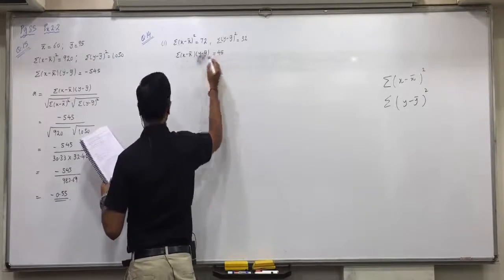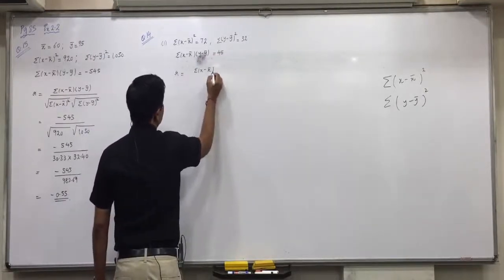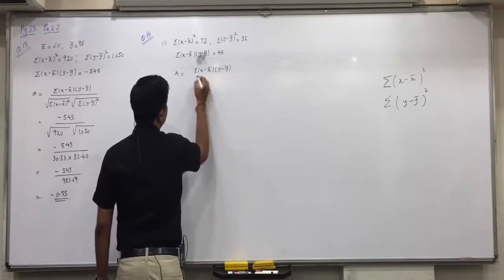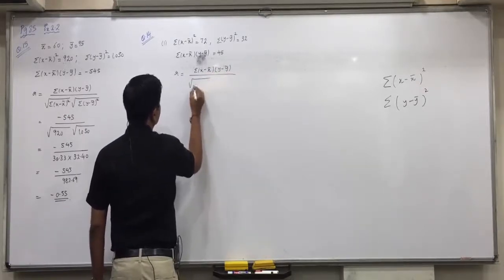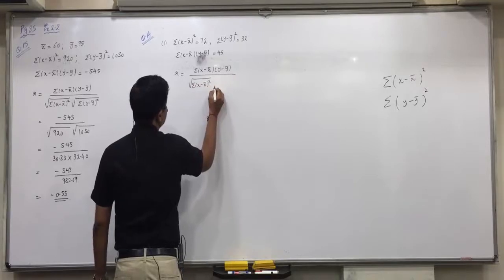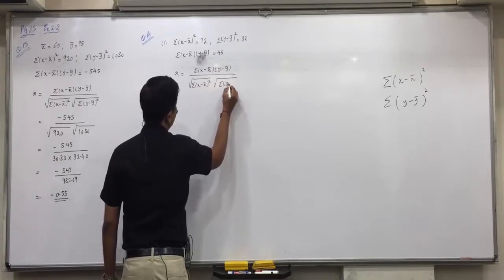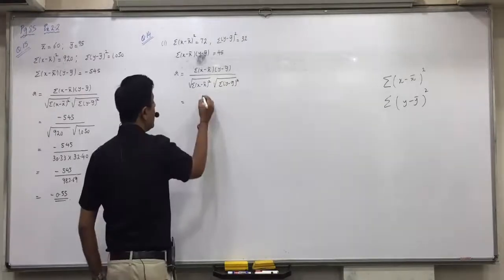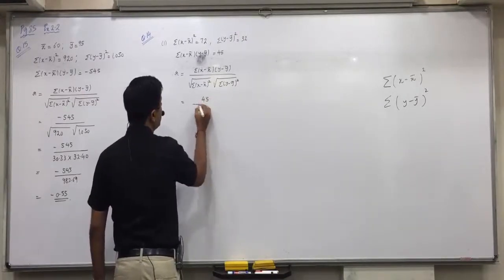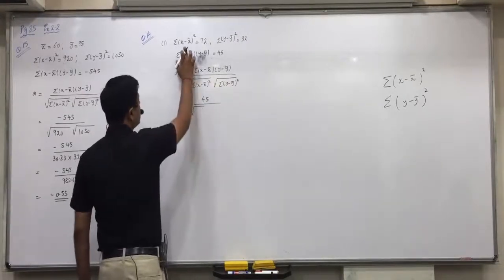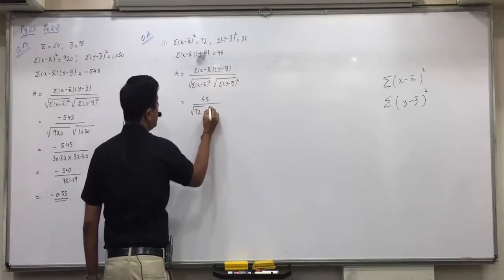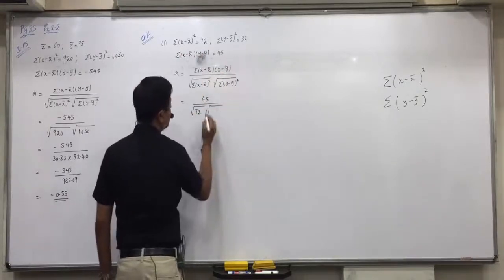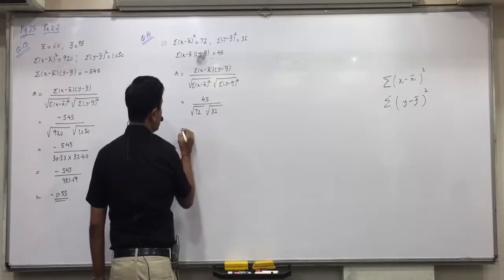So same formula again. Write down R is equal to sigma x minus x bar into y minus y bar upon square root of sigma x minus x bar whole square into square root of sigma y minus y bar whole square. Put the values. Numerator is 45 upon square root of 72 into square root of 32.